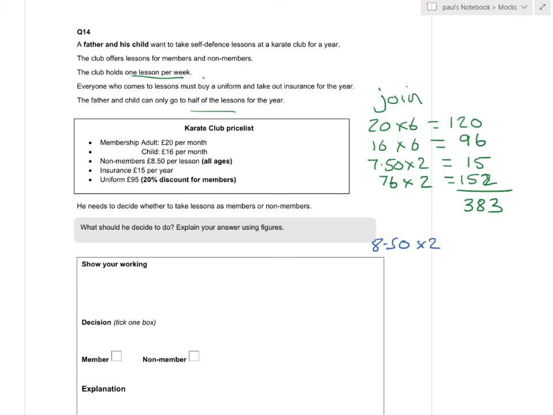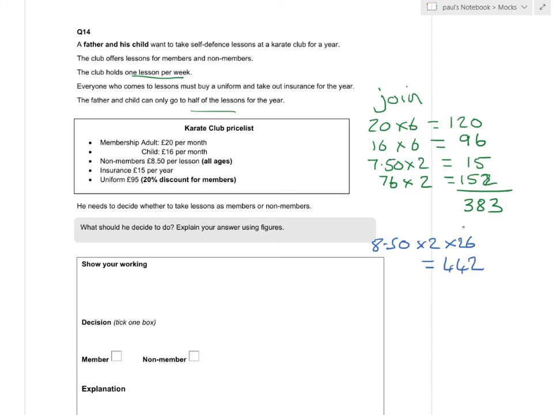So they're going for 6 months, and 6 months is 26 weeks. So £8.50 times 2 people times 26 is 442.